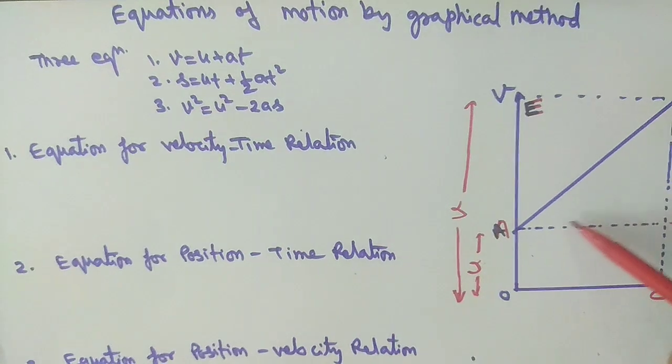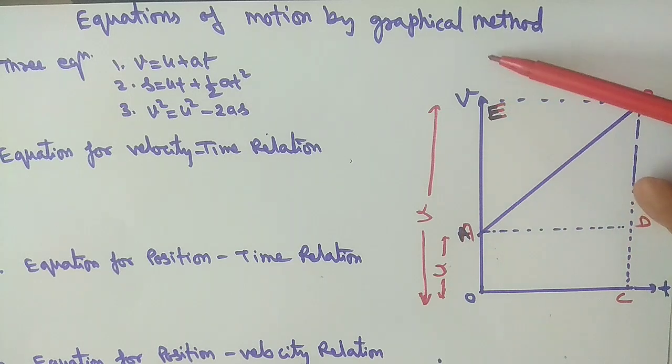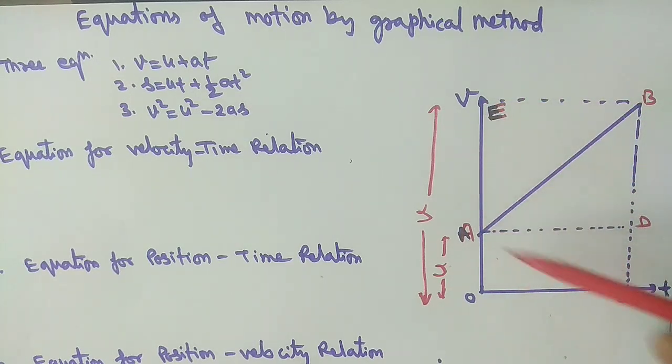Okay, so let's consider this graph. This is the time axis, the x-axis. This is the y-axis, which is the velocity. So it is the VT graph. We'll derive all three equations from the VT graph.